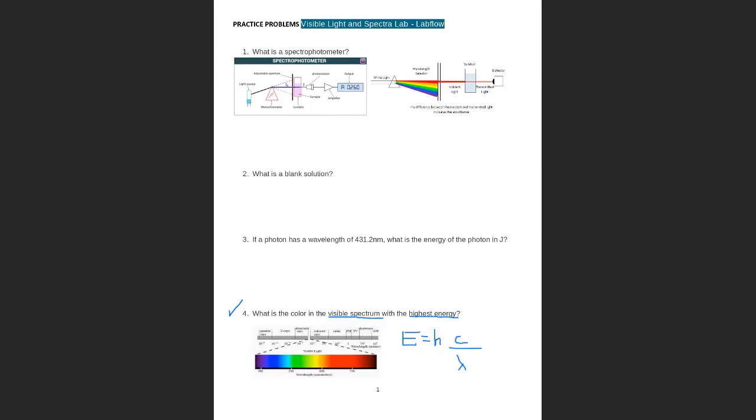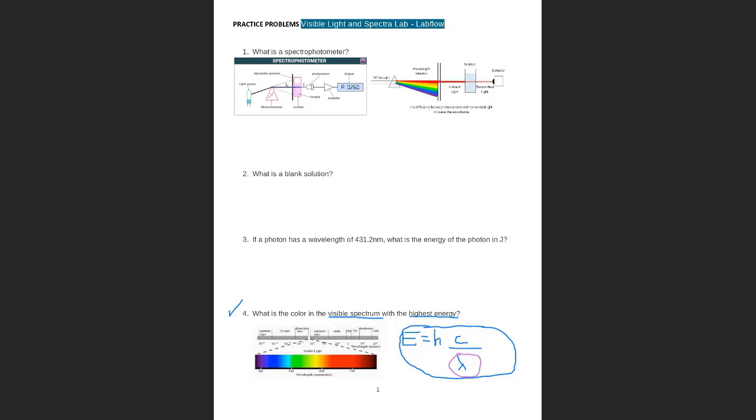So you know by this equation that if the number in the denominator, the wavelength, is smaller, the energy is going to be higher. So the smaller the wavelength, the higher the energy.